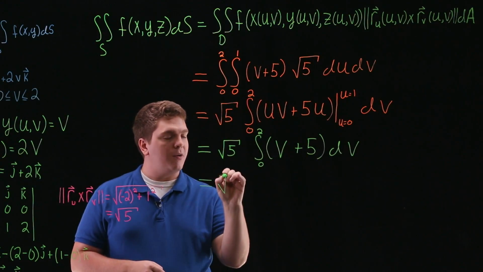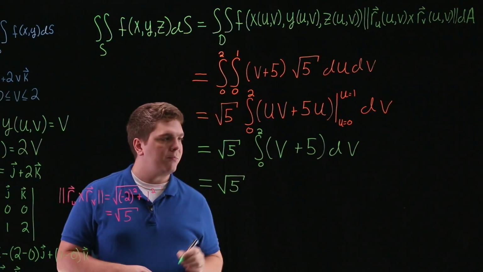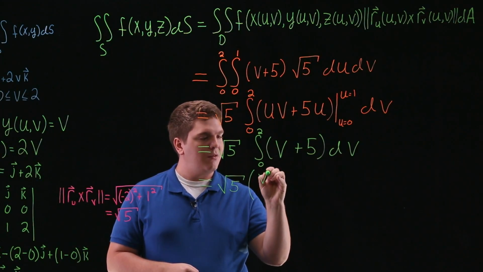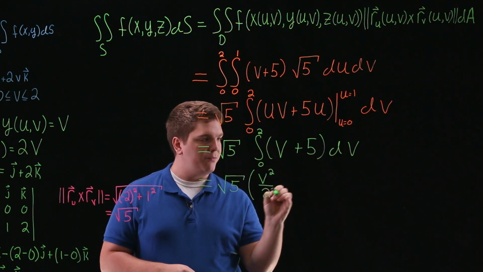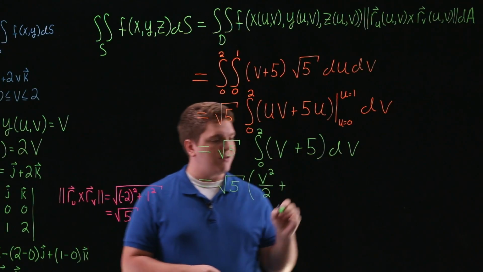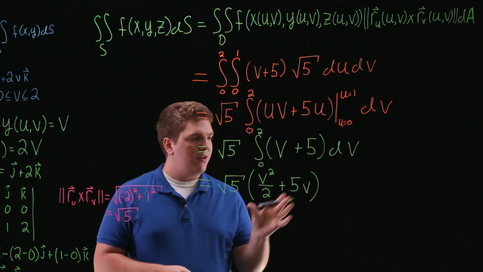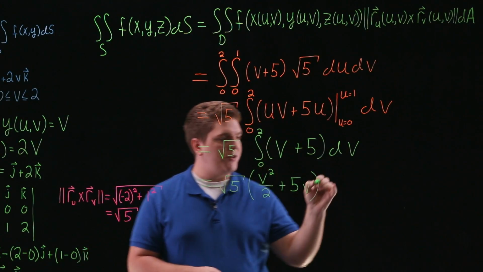So what we're left with is the square root of 5 times v squared divided by 2 plus 5v, taken from 0 to 2.